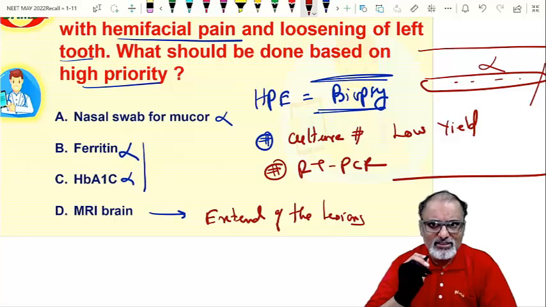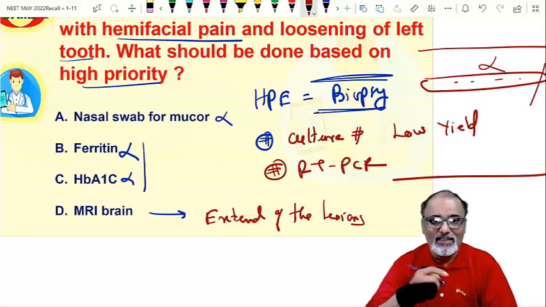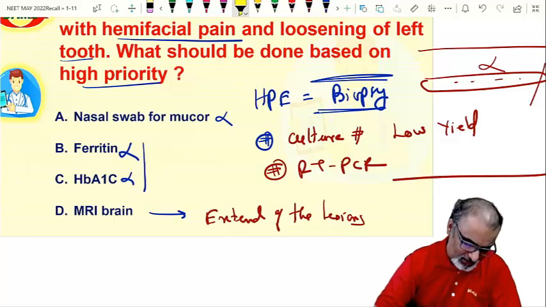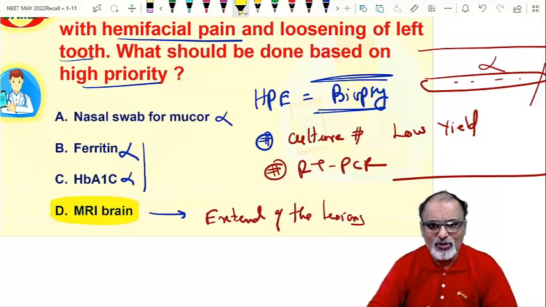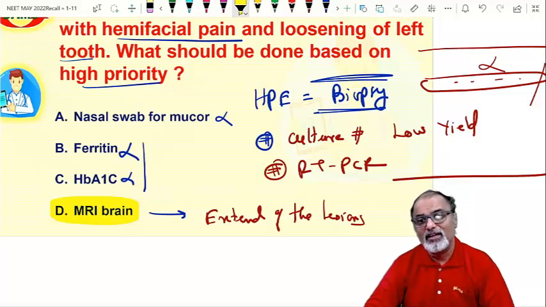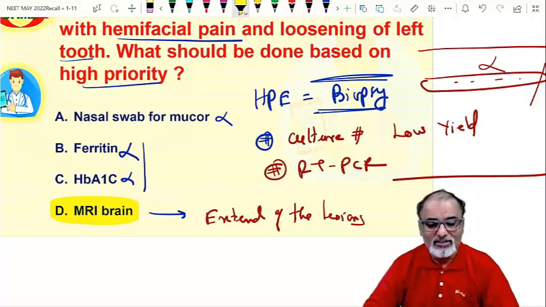So the next ideal among the choices, the best one. They are not asking how to confirm. They ask very practically, what is done as the next priority: go for MRI brain. Based on that, you can do two things in your management. If there is no involvement, you can go for empirical conservative management.